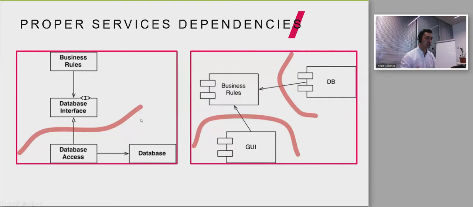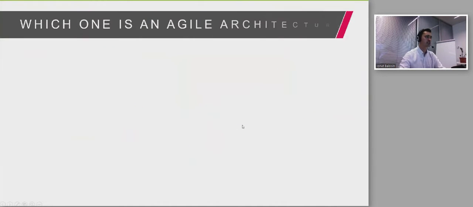In this case, you can easily plug in, plug out another one. And the same in terms of UI, for example. Don't depend from the business towards the UI, but vice versa.